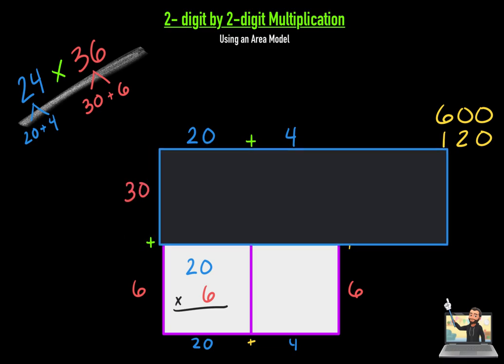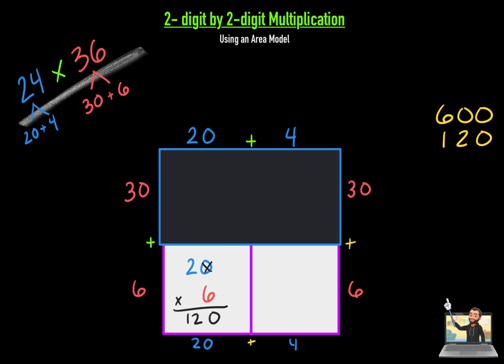So if we expand 36, I took my 20 and my 6, and now I'm going to find a product of 120. Just like before, 20 times 6 is 120. Or in this case, I took the 0 off, put it back at the bottom, and 6 times 2 is 12. So now I have my third partial product. And to do that, I'm also going to take that 120, bring it over here.